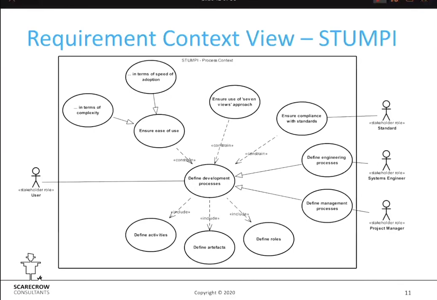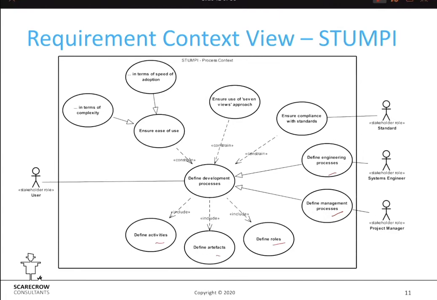So STUMPI was about defining development processes, both engineering and management processes, and the definition had to cover the activities that were carried out, the artifacts that were produced and used, the roles that were responsible for the activities.